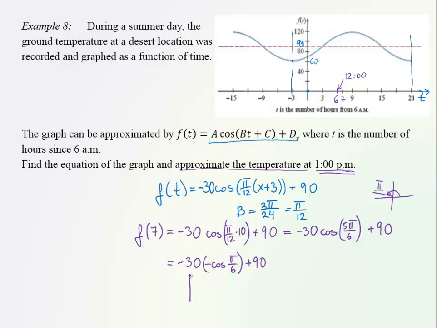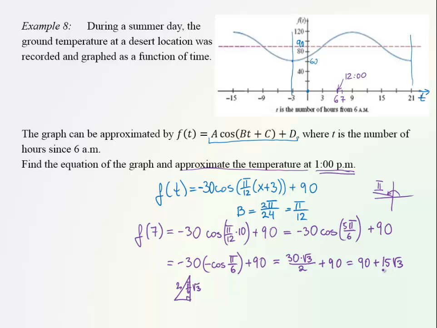Now using our special triangles, this angle is pi over 6, so cosine of it is root 3 over 2. So we really have negative, which is plus, 30 times root 3 over 2 plus 90, which is 90 plus 15 root 3.